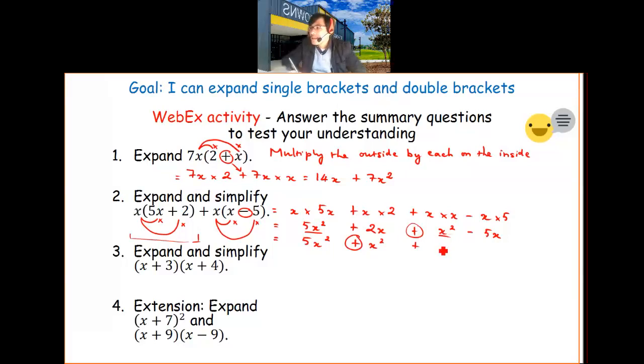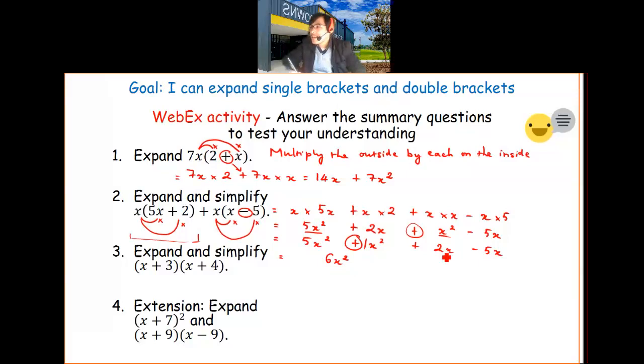And then plus 2x minus 5x. And 5x squared plus x squared. Remember that if there's nothing in front of the letter, that means that there is a 1 there. So here we have 5x squared plus 1x squared. 5 plus 1 is 6. So here we have 6x squared.